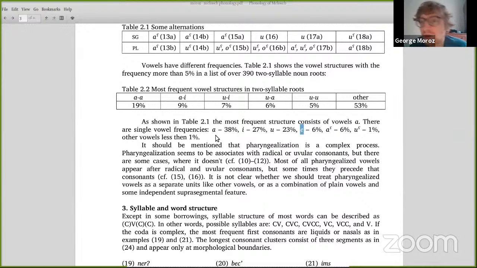I have a question. In the table with the two-syllable roots, does the order matter? I can't remember, but probably it's not. Okay. No, doesn't make any sense. Maybe it's written here.